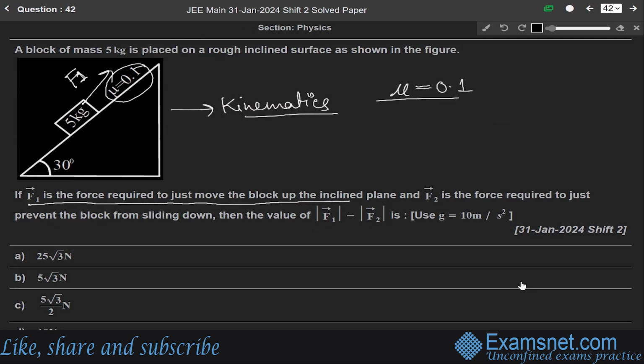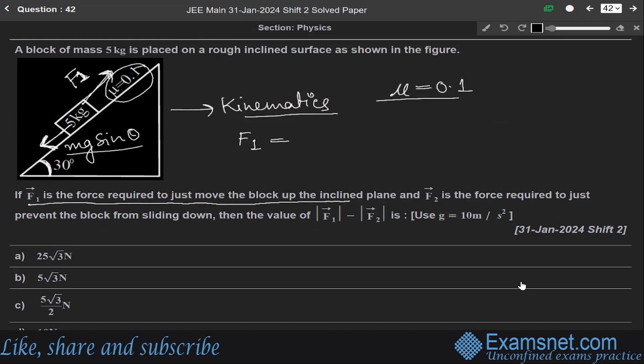So if F1 is the force that we are applying in the upward direction, then in the downward direction the component of the weight will be mg sin theta. This we all know. M is the mass, g is the gravity.